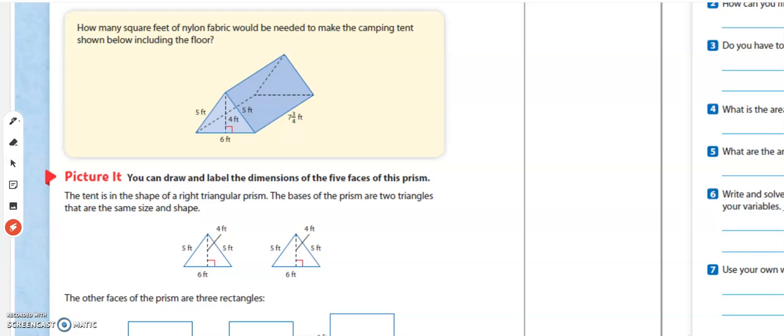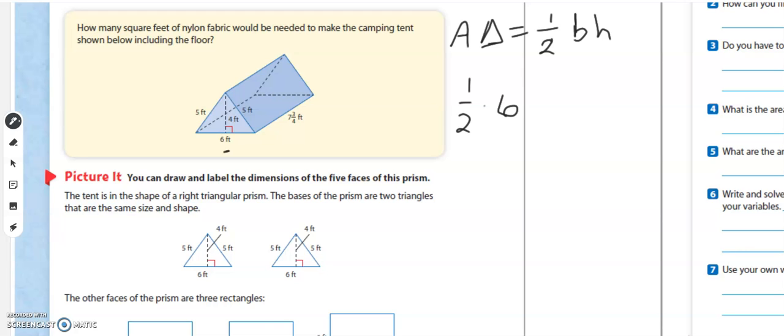Now, if you remember, which I hope you do, the area of the triangle is 1/2 the base of that triangle, not the base of the polygon, but the base of the triangle, times the height. So in this case, the base of that triangle is 6 feet. So 1/2 times 6, and the height here is 4 feet.